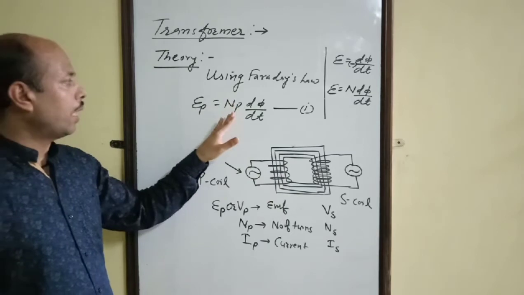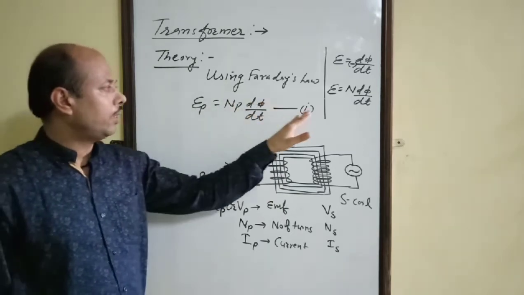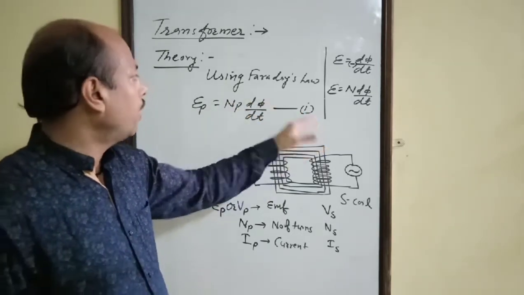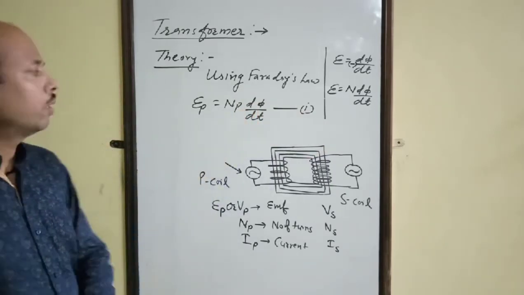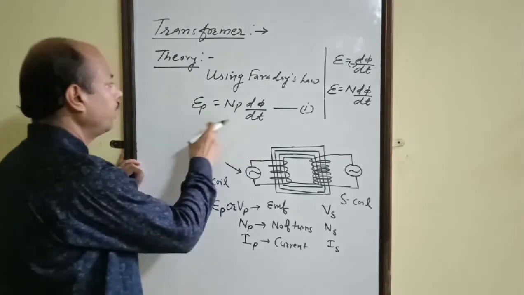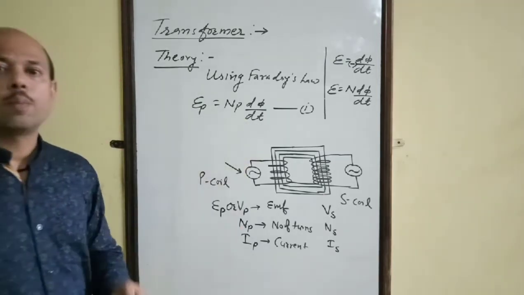EP equals NP d phi by dt, equation number 1, where phi is the flux linked with the primary coil. This is for the primary coil.